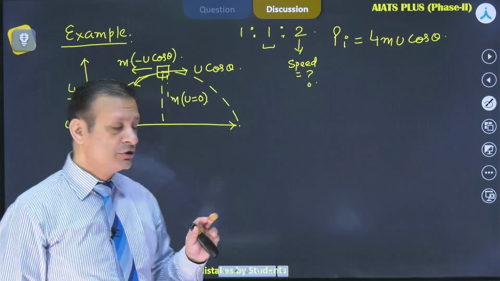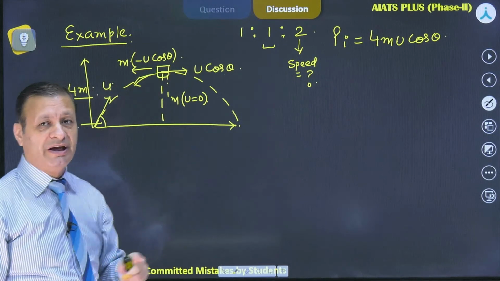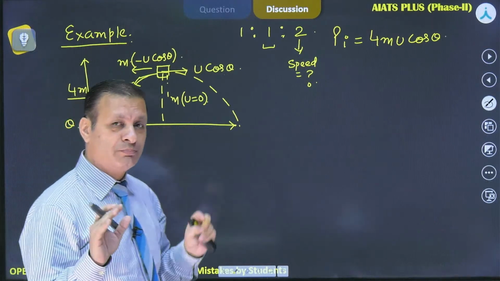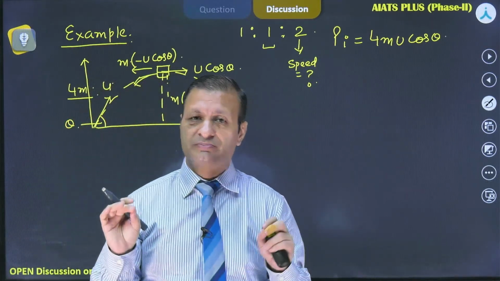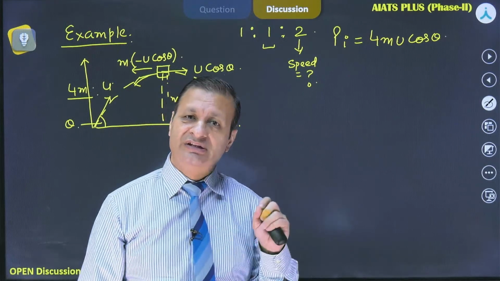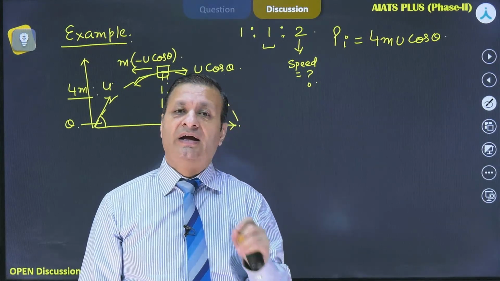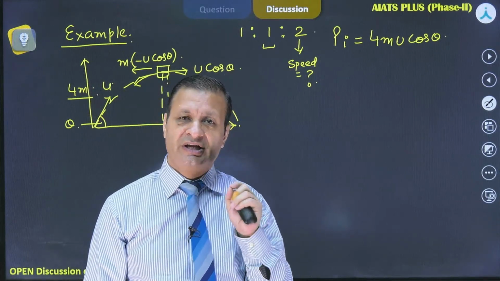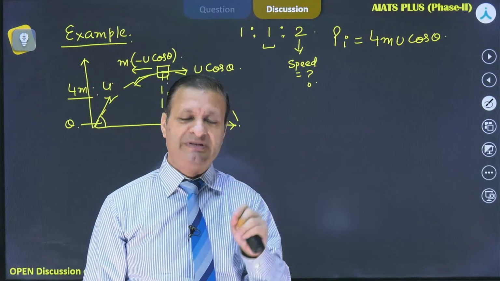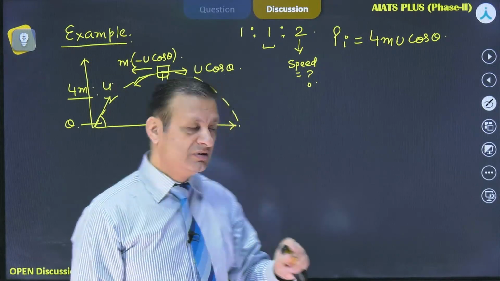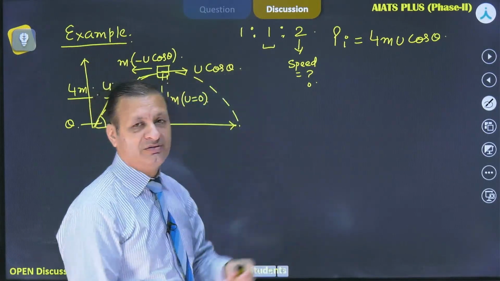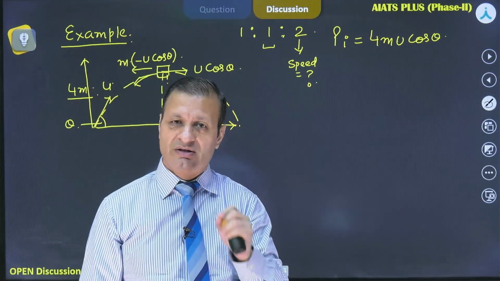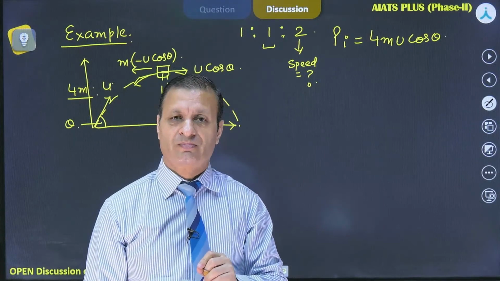I'm just giving you the statement again. A projectile of mass 4m is projected with speed u at an angle theta. At its highest point, it splits into 3 pieces such that the ratio of these 3 masses is 1:1:2, right?